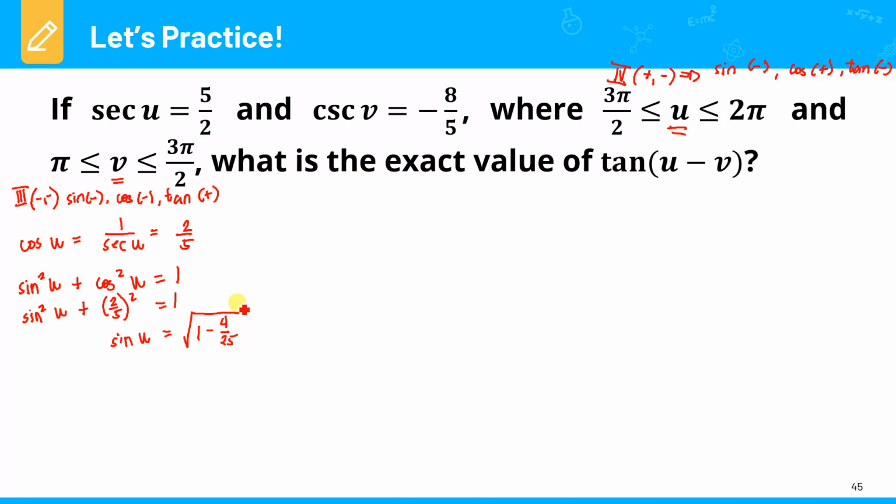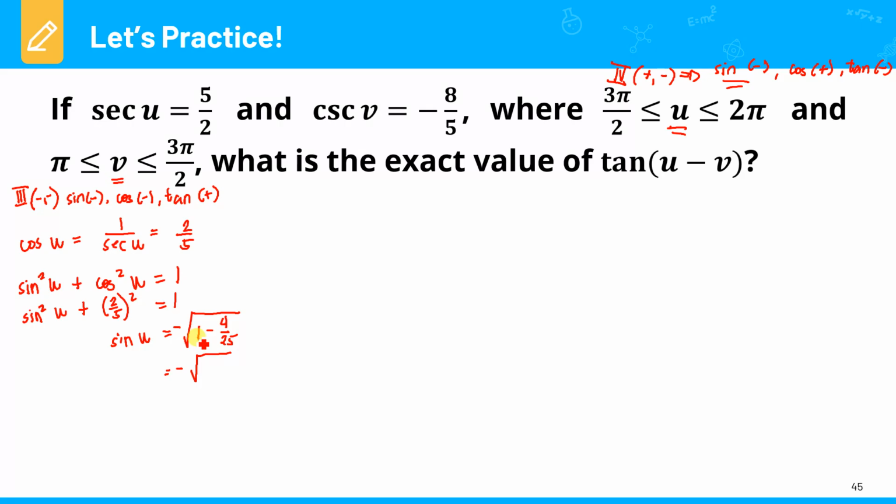Since u is in the fourth quadrant, sine is negative. So you have the negative square root of, again, the 1 here can be replaced by 25 over 25.